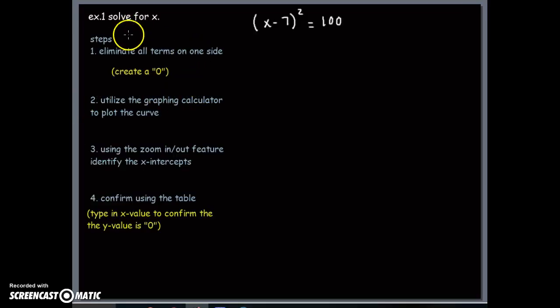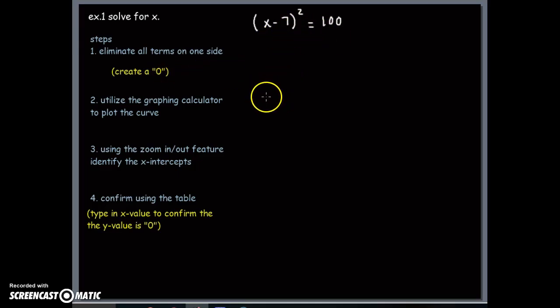So the first example, it's asking us to solve for x, and we have the example x minus 7 squared equals 100. The first step is to convert the equation into graphing form, and what that means is you need to eliminate all of the terms on one side so that you can create a 0, because that 0 really represents the y value. We know that the x-intercepts will have a y value of 0, so we've got to create a 0 on one of these sides.